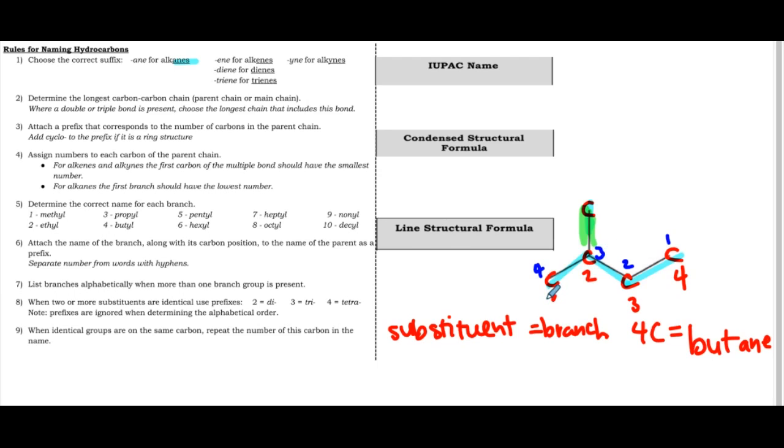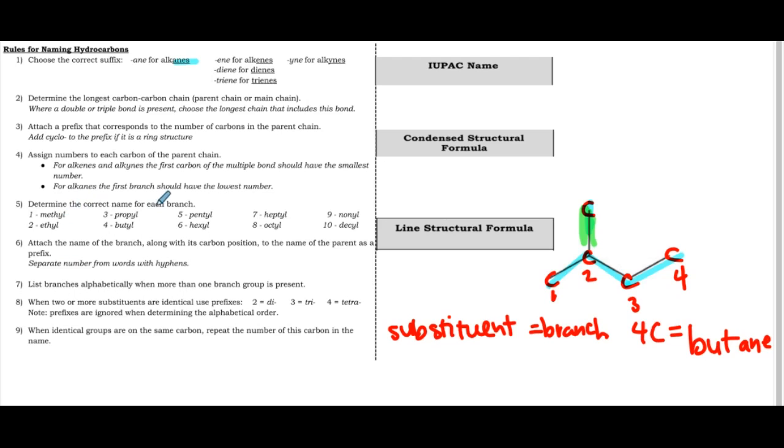So we have to read it from left to right because we have a lower carbon location. So that's what they mean by the lowest number. It's 1, 2. So we're reading left to right. They're both still 4 carbon chains. It's just that this is the lowest combination possible. So this is the lowest location. So I'm going to erase the blue ink just because that's not the order that we're going to use.